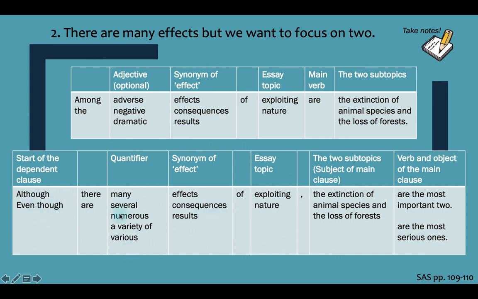And this is showing that we recognize there are many effects of this thing, but these two are the most important. This may look like a long and complex sentence, but if you remember the order of the pieces and think about putting them together logically, you can write a sentence like this easily.